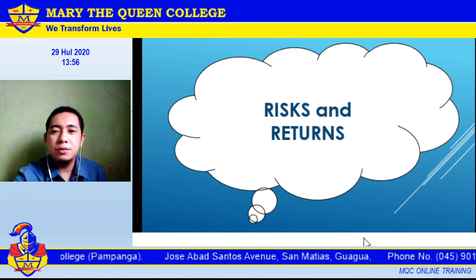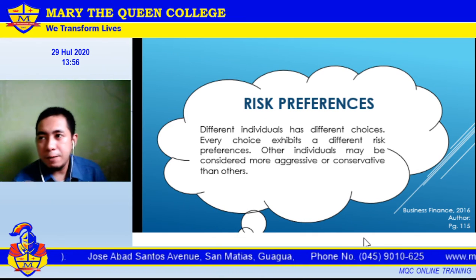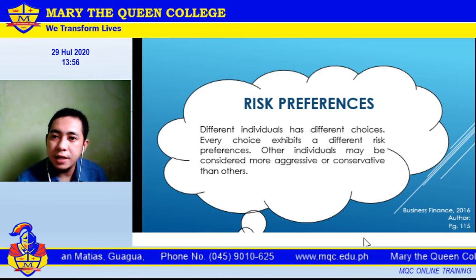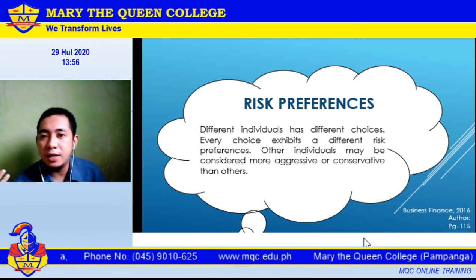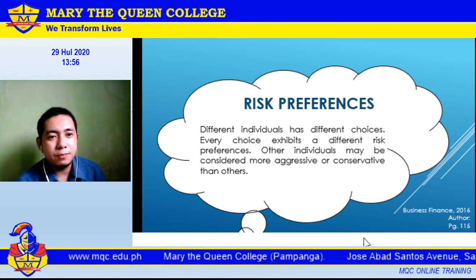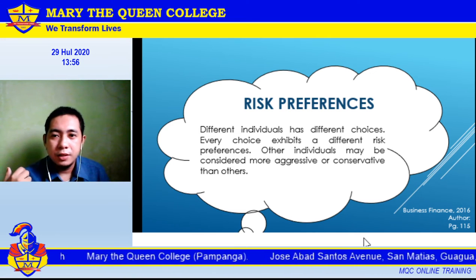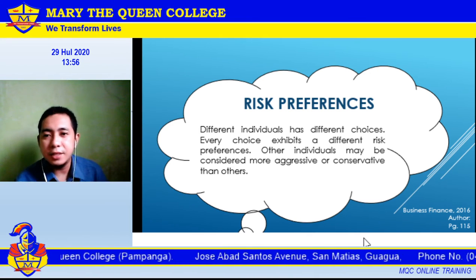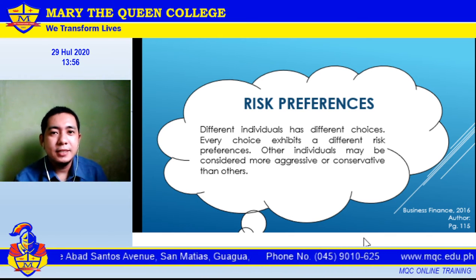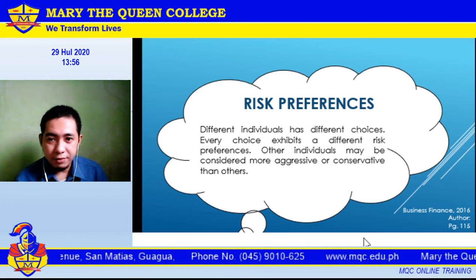Every person, even financial managers and business entities as artificial beings, has risk preferences. Different individuals and business entities have different choices, and every choice exhibits a different risk preference.